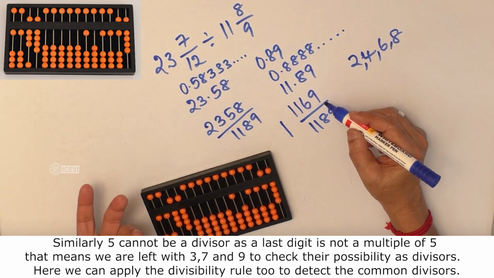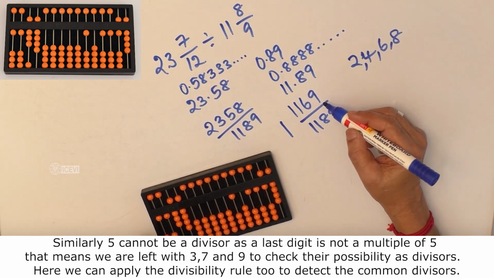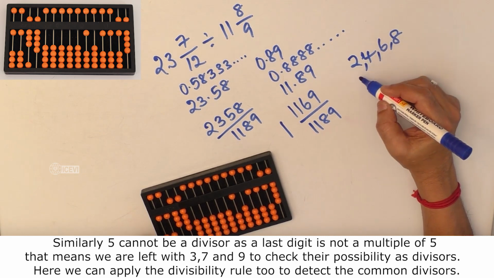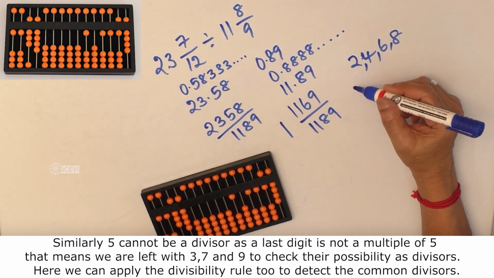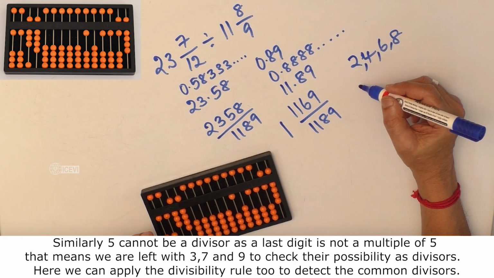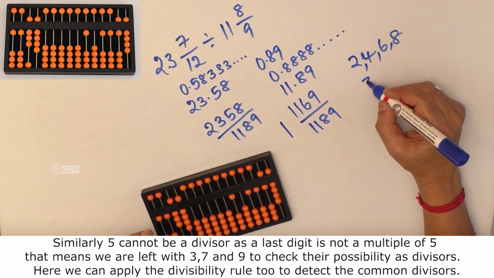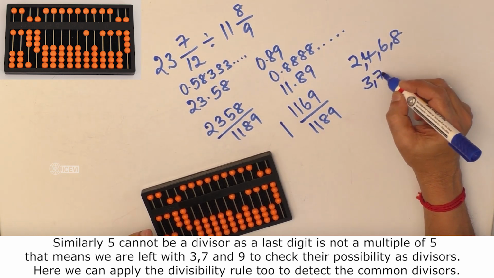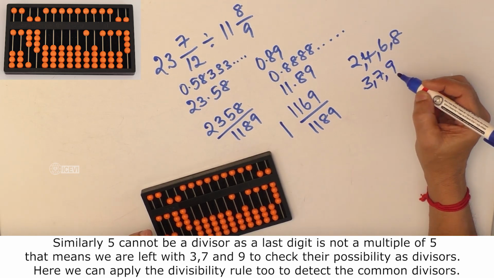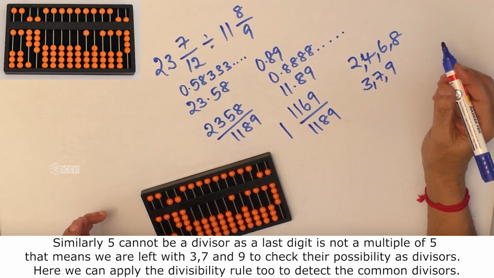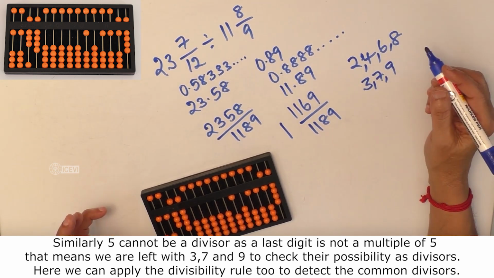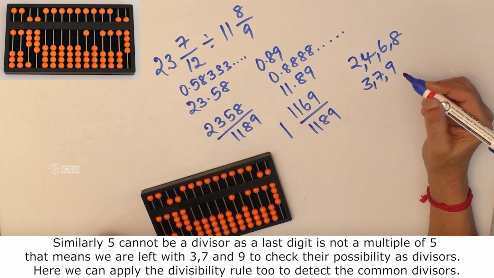Similarly, 5 cannot be a divisor, as the last digit is not a multiple of 5. That means we are left with 3, 7 and 9 to check their possibility as divisors. Here we can apply the divisibility rule too to detect the common divisors.